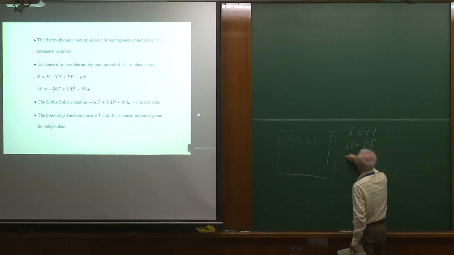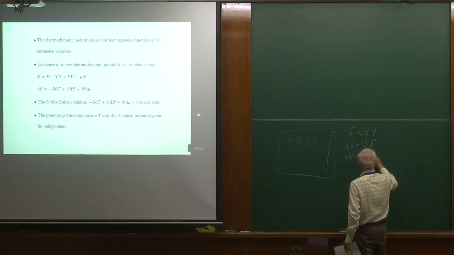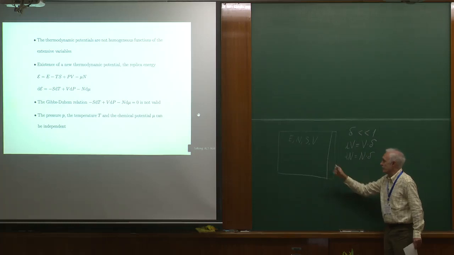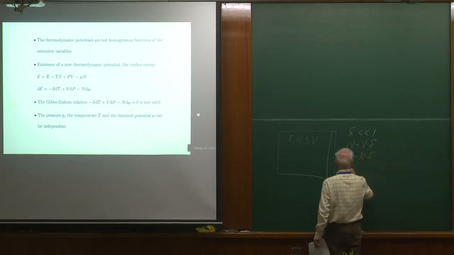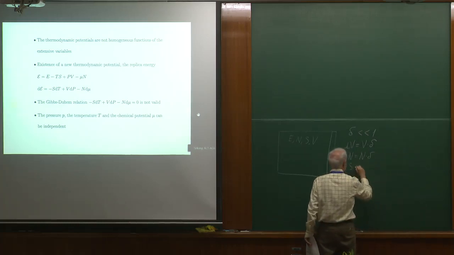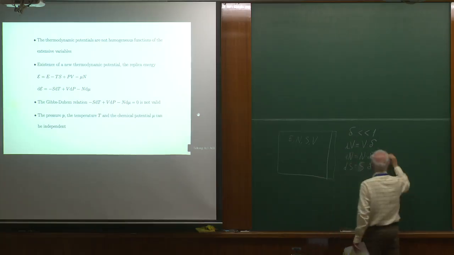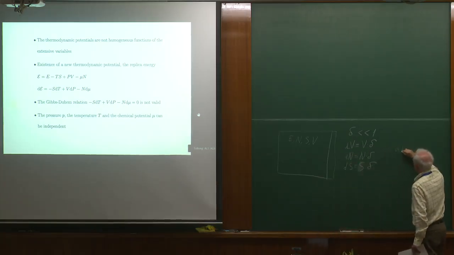The same for the number of particles. And then, after doing this, I adjust the energy such that the entropy also has the same variation. Okay? Now, let's see what the variation in the energy is.